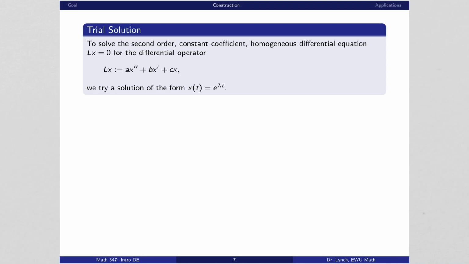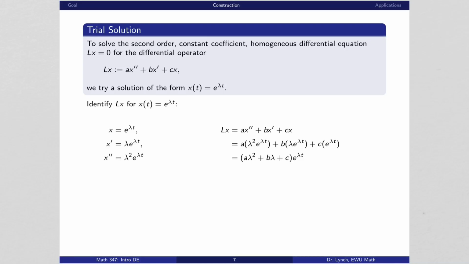Okay, well, if we want to try this solution, we'll plug it into our differential equation. So in order to do that, we'll need to identify the 0th, first, and second derivatives, and there they are, just with the derivative of this exponential function. And we can see then how to substitute into our differential equation.